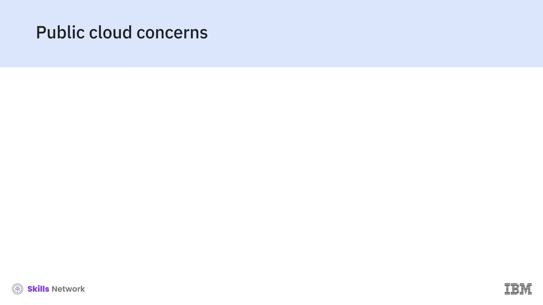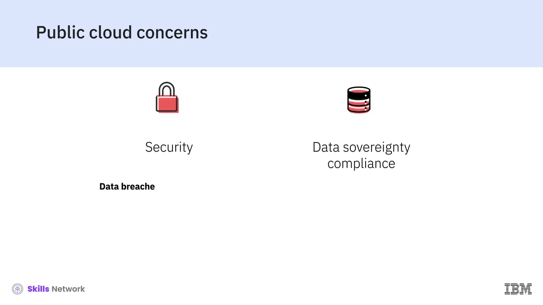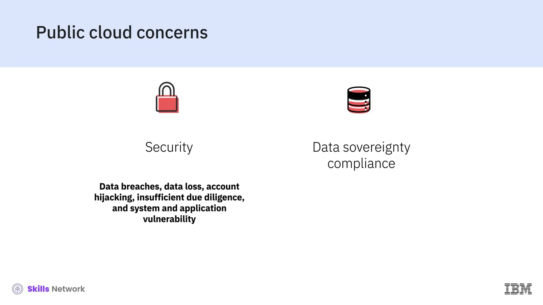It's also important to note some concerns users have regarding public clouds, key among them being security and data sovereignty compliance. Security issues such as data breaches, data loss, account hijacking, insufficient due diligence, and system and application vulnerability seem to be some of the fears users continue to have concerning security in the public cloud.